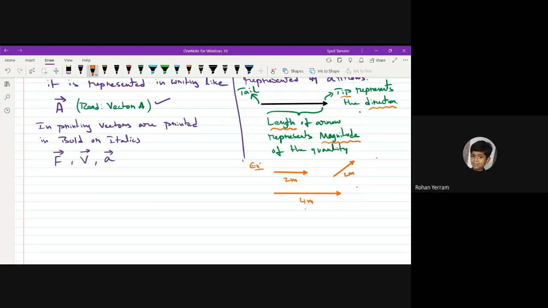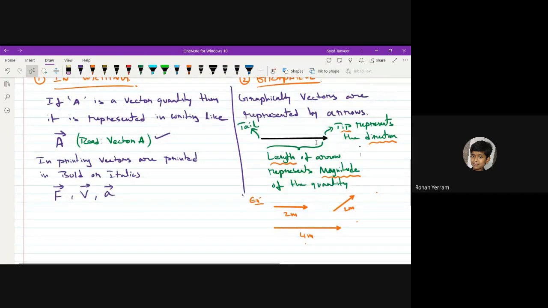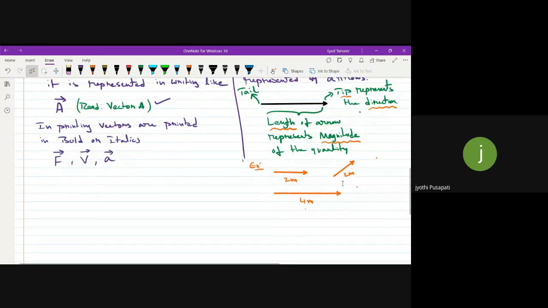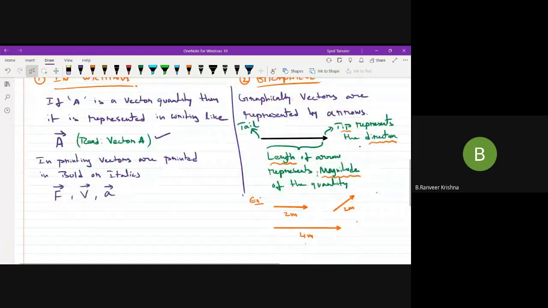Sir, what is A in writing, sir? A is any vector quantity. Take it as force or velocity, acceleration. Sir, how do we represent acceleration in graphical?